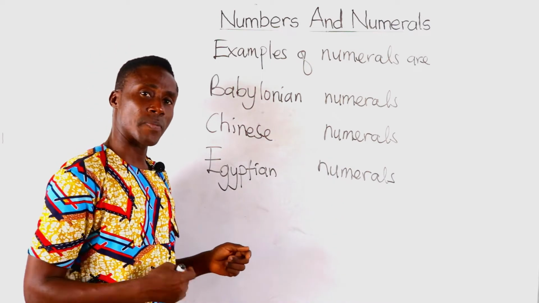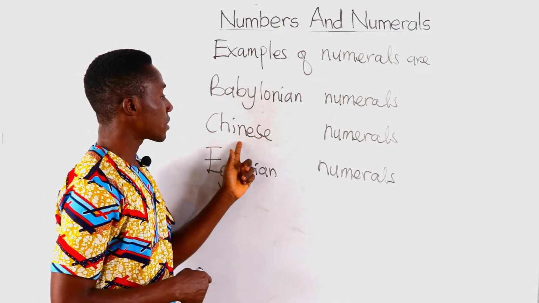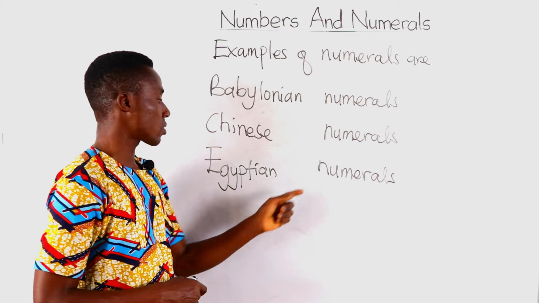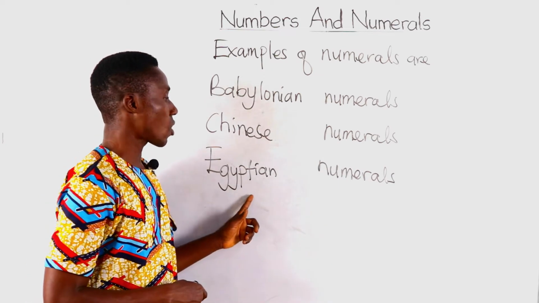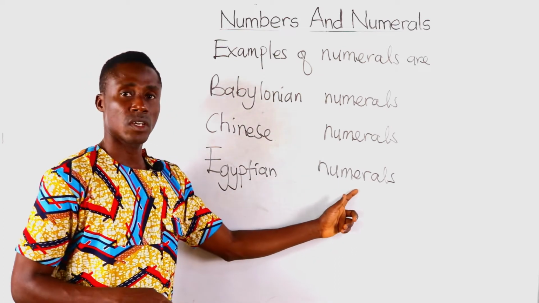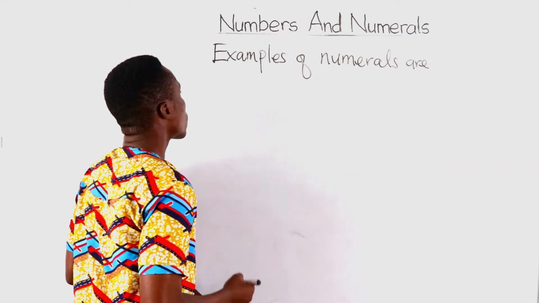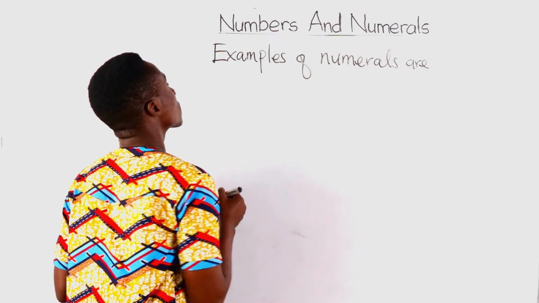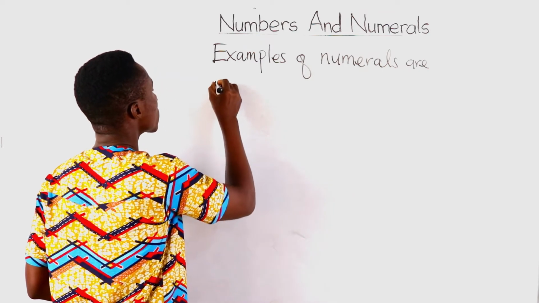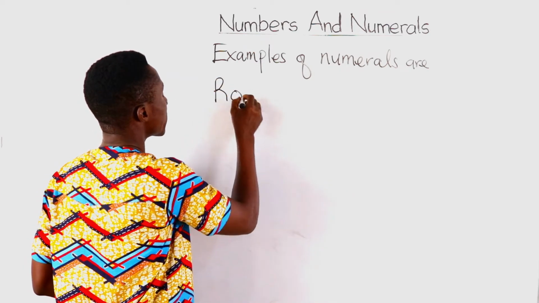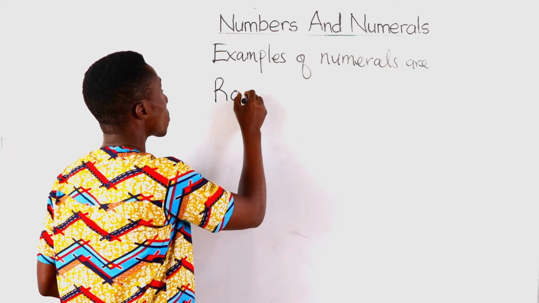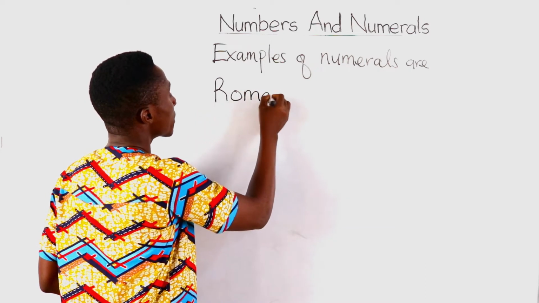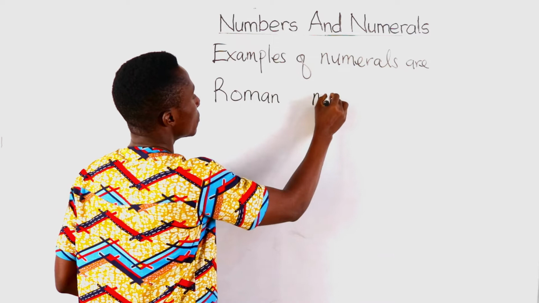The Chinese people also created the Chinese numerals. And the Egyptians also created the Egyptian numerals. So we are still on examples of numerals. The Romans also created their own numerals called the Roman numerals.